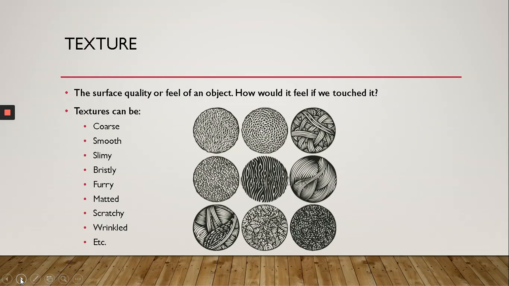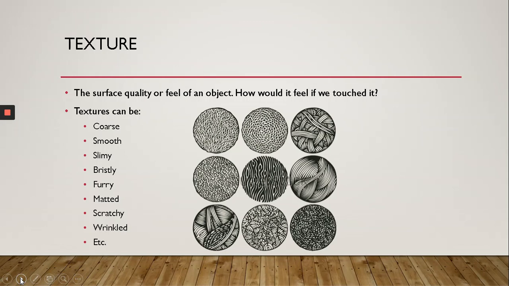So you've got to add some life, inject some energy into it and try to describe things in a bit more interesting way. So, for example, a texture can be coarse, it can be slimy, okay, like really gross, wet textures, bristly, furry, matted, scratchy, wrinkly or wrinkled.